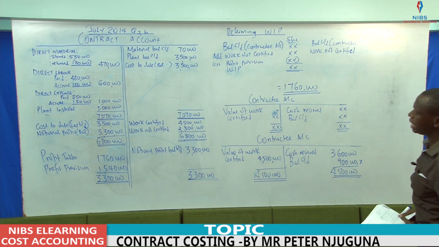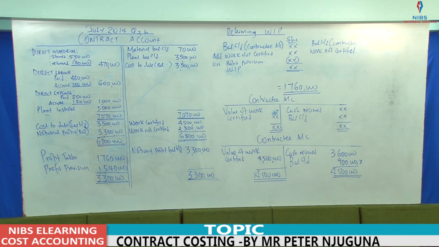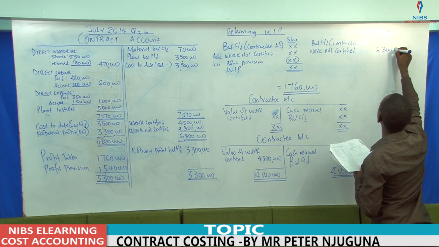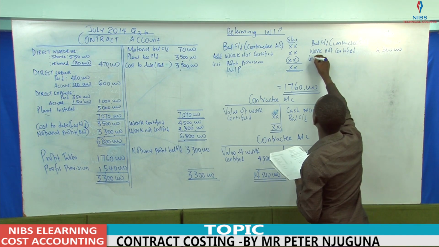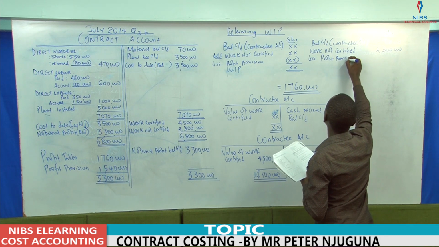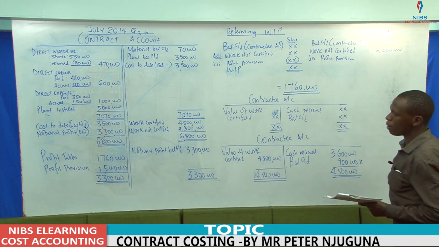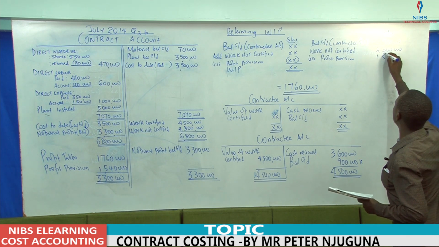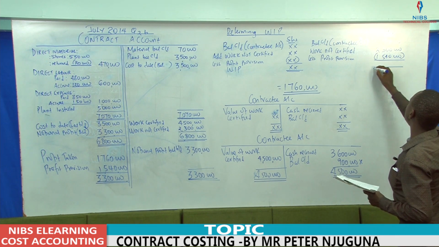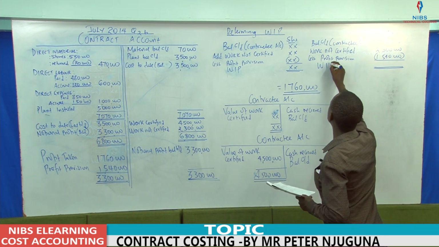How much is work not certified? It's given in our question, although we had already used it. It is 2.3 million. And then you less profit provision from our contract account. This one is 1,540,000.